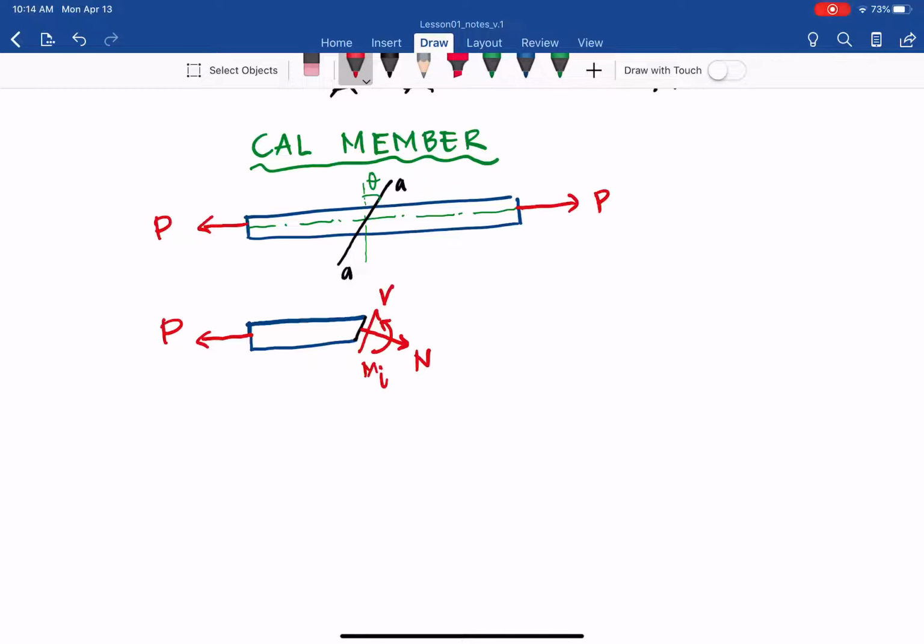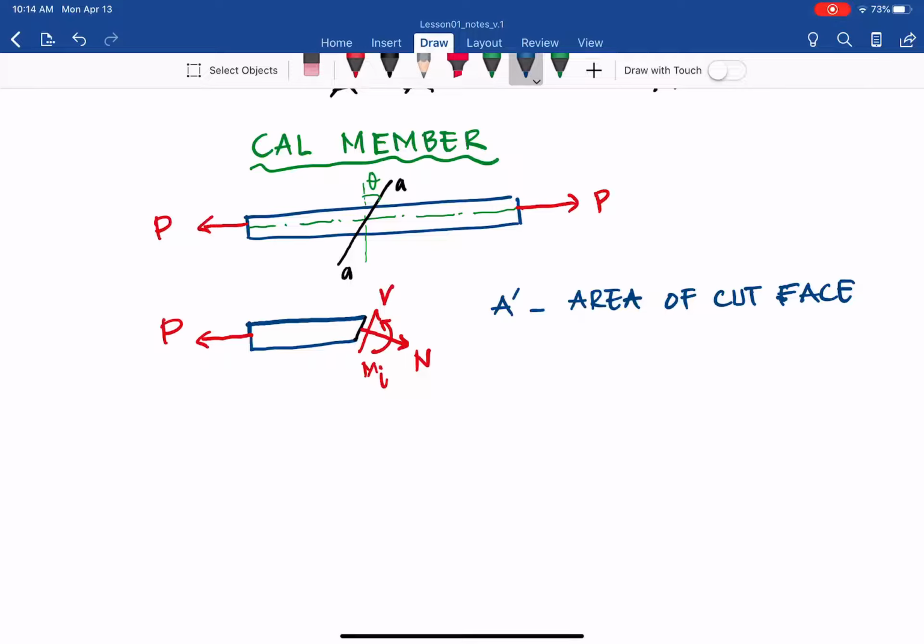If we call the area of the cut face A apostrophe, it will be the area of the cut face. And AT is the area of the transverse cut.